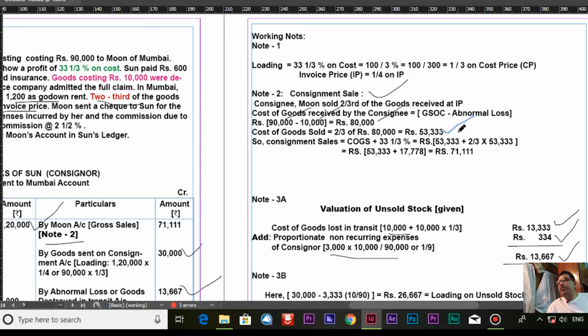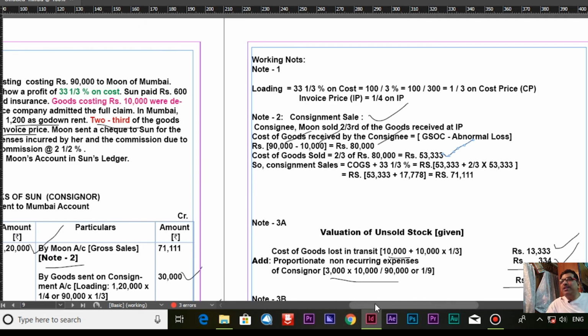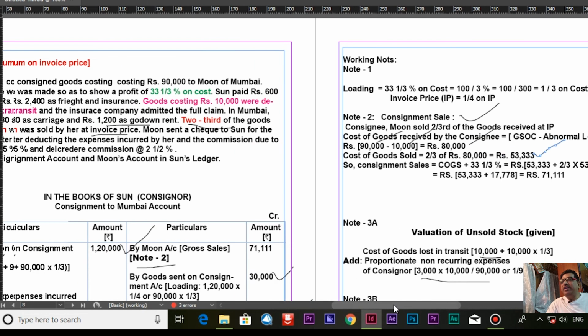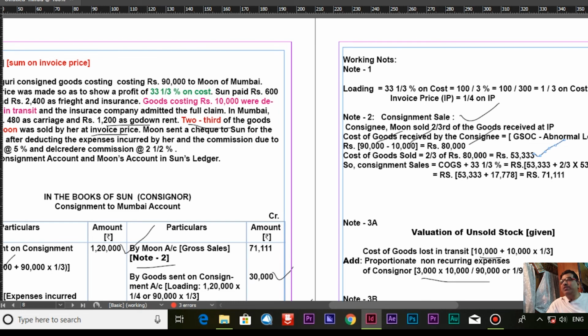But I have to charge loading because the question was given in this way that 2/3 of the goods was sold by her at invoice price. At invoice price, mind it very carefully.